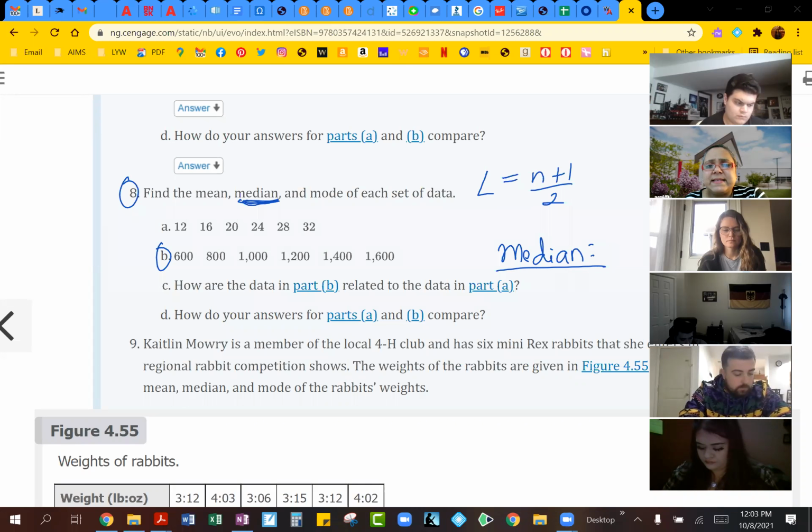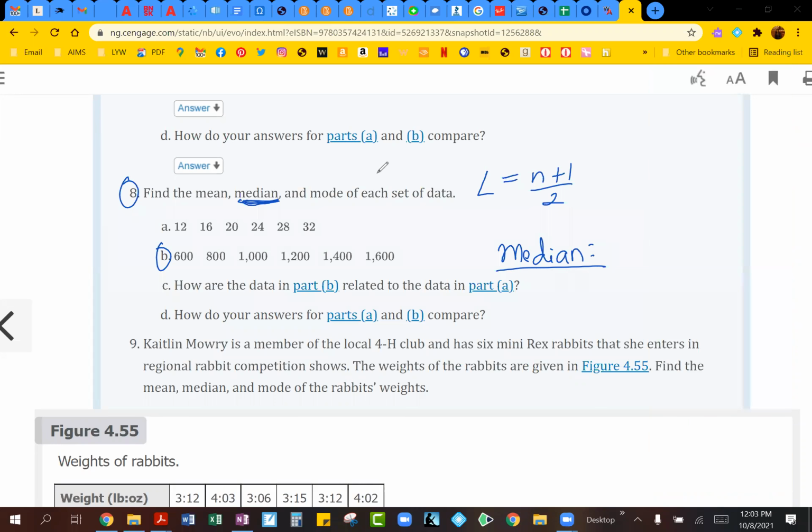Since it's only 6 values in your data set, it shouldn't take you too long to find the two centermost values.